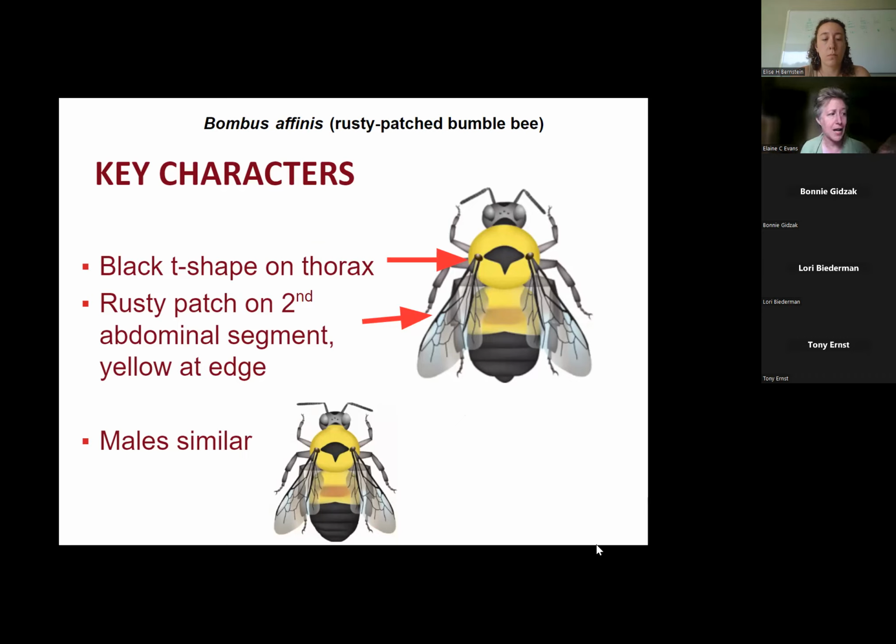So I did just update, actually just yesterday, I updated our map that we have on the Minnesota Bumblebee Atlas website, because the Fish and Wildlife Service did update again just at the end of May, May 30th. So really recently. And so there may be some updates there.